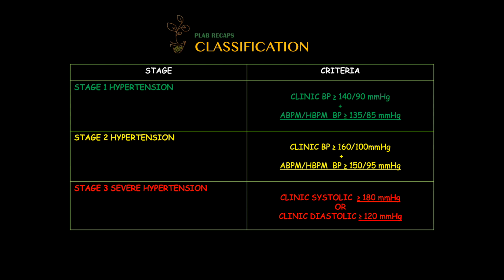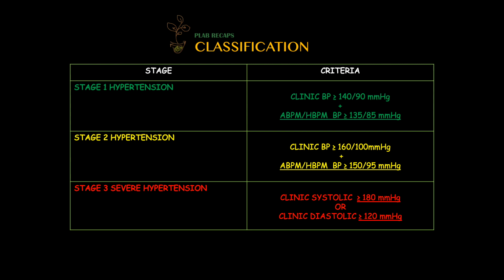Stage 1 hypertension is diagnosed as having a blood pressure of more than or equal to 135/85 on ambulatory and home blood pressure monitoring, while stage 2 hypertension is defined as having blood pressure of more than or equal to 150/95. Sometimes there is a bit of confusion in regards to whether both systolic and diastolic blood pressures need to be raised in order to make the diagnosis.